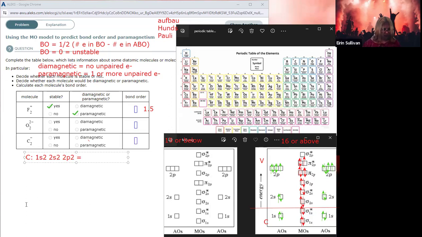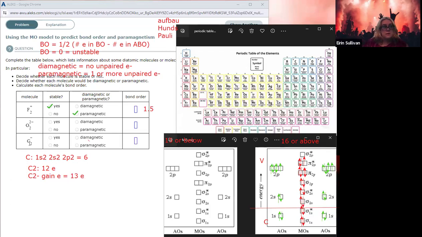So that's a total of 6 electrons. So if we have dicarbon, C2, that'd be 6 plus 6 would be 12 electrons. We have C2 minus, so it's gained an electron. So we're going to have to add 1, so it's 13 electrons that we're going to put in our molecular orbitals. We're going to use the diagram on the left for the group 15 or below.